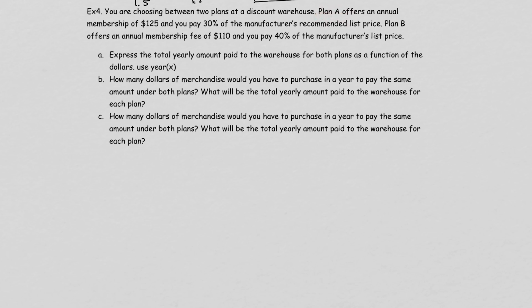Option A offers the membership for $125 yearly, and then you get 30% off the merchandise price. Plan B you pay $15 less, so it will be $110, but you only get 40% off the price of the merchandise.